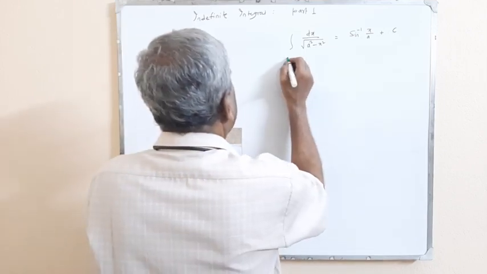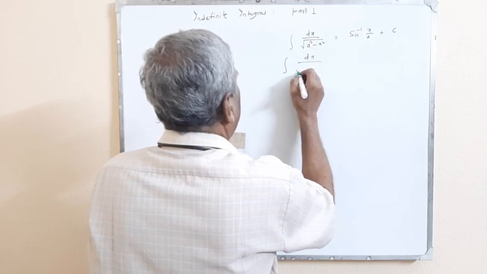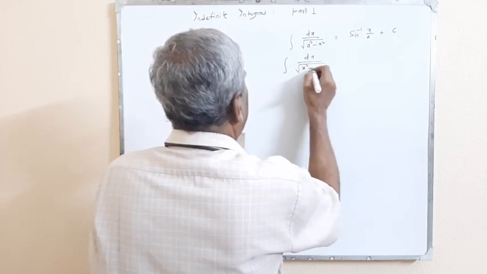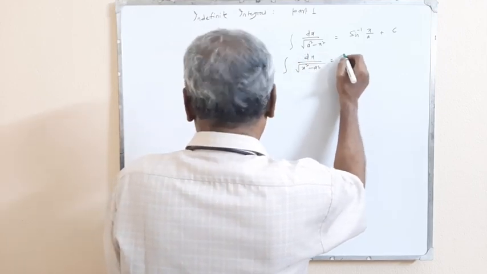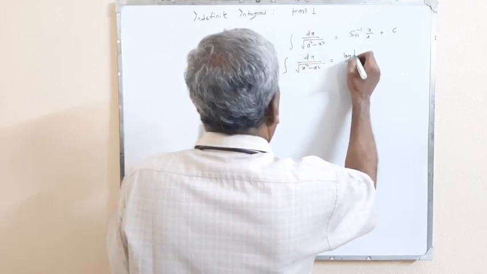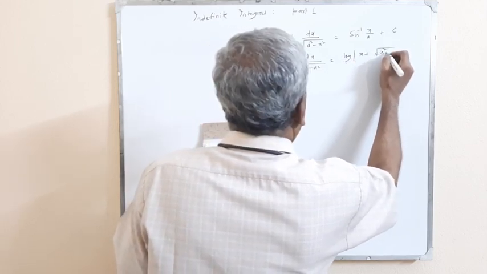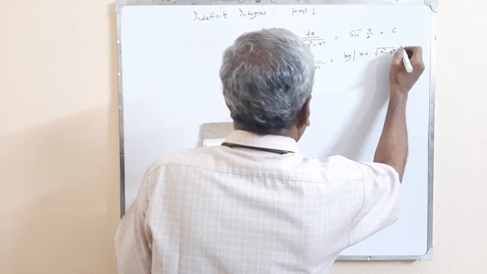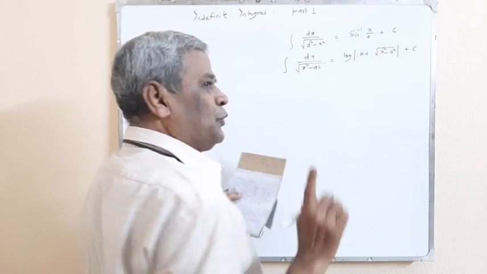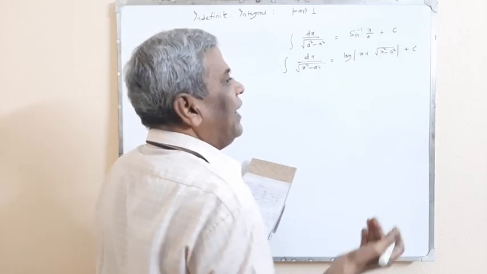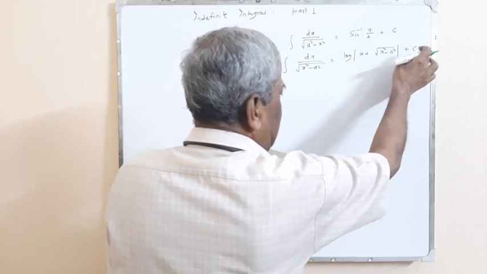Number 2, the integral of dx by root over x square minus a square is equal to log of mod of x plus root over x square minus a square, plus c. We always have to put plus c. Maybe in the next steps I am not mentioning that c.